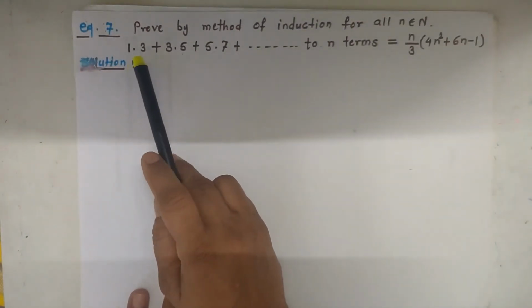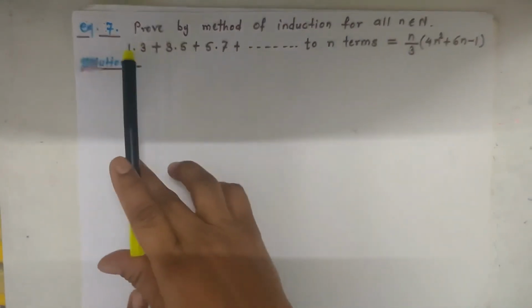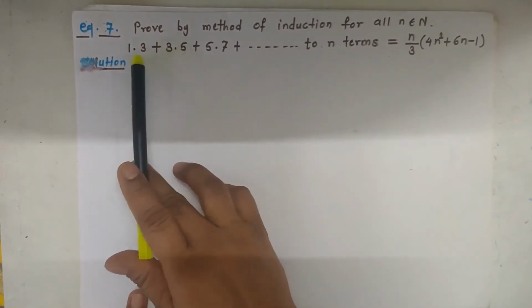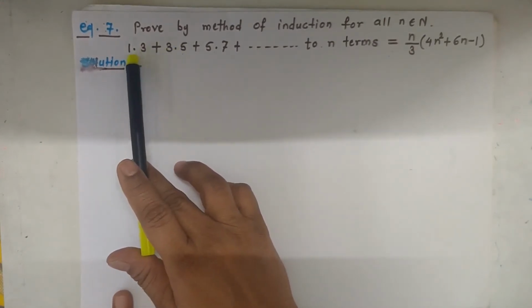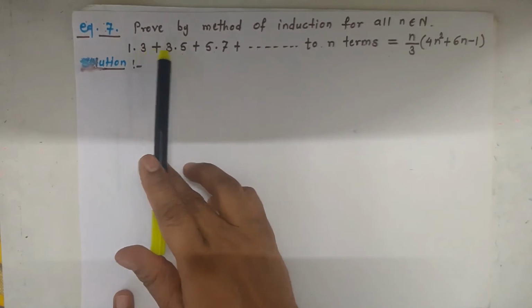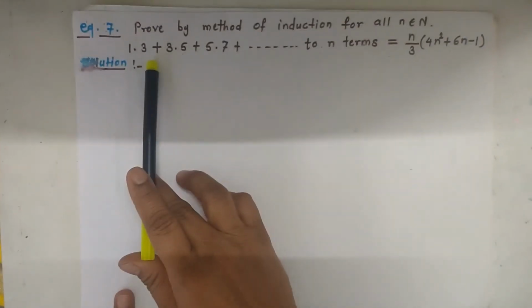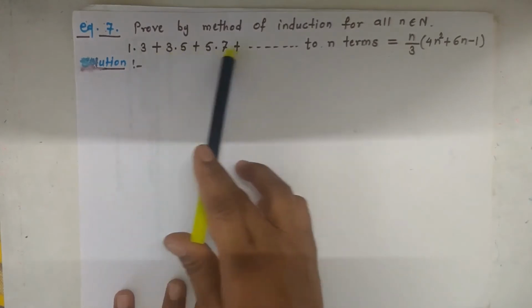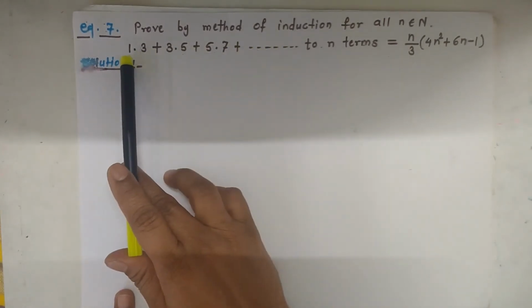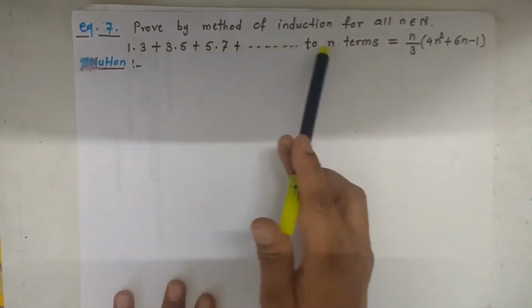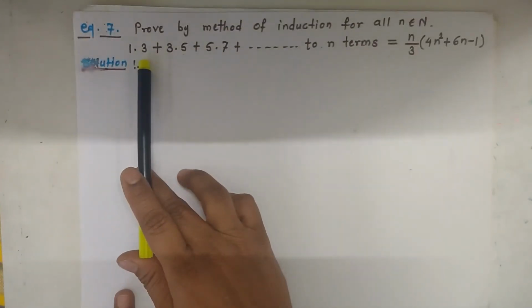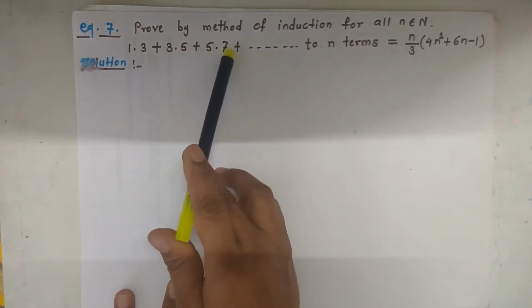In this statement, each term is in the form of two factors: 1 into 3, 3 into 5, 5 into 7. There are two sequences in this statement. The first sequence is 1, 3, 5 up to n terms, and the second sequence starts from 3, 5, 7 up to n terms.